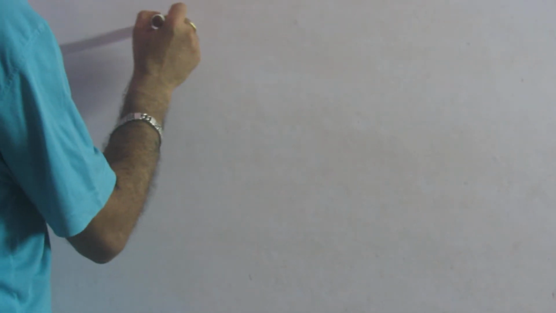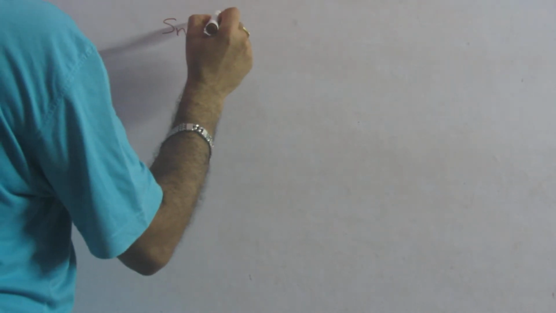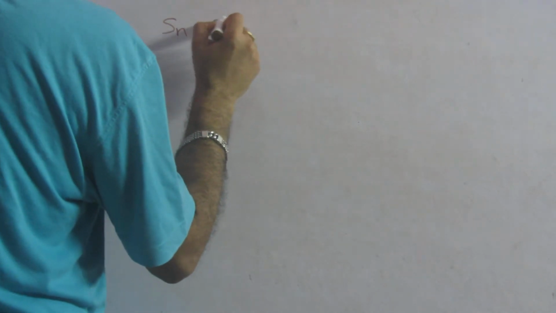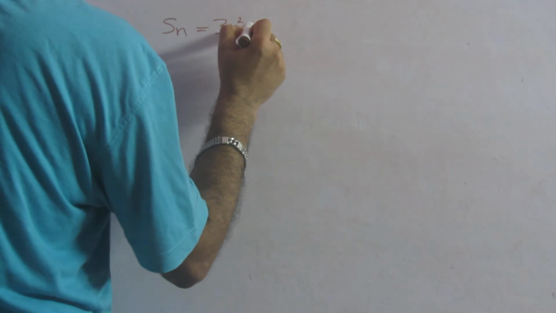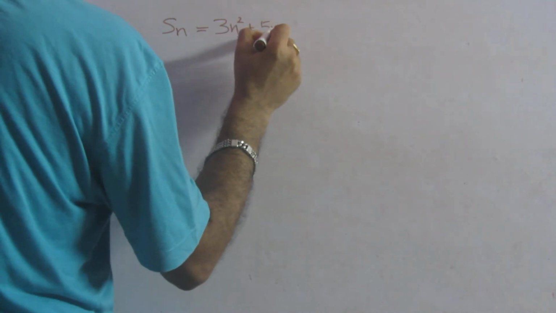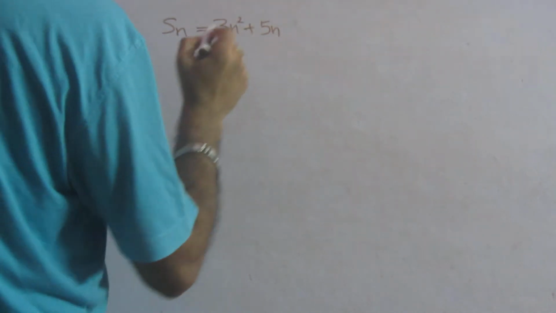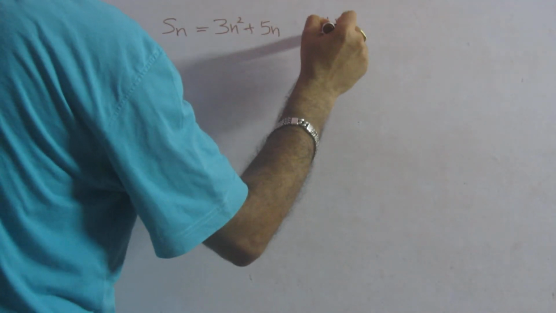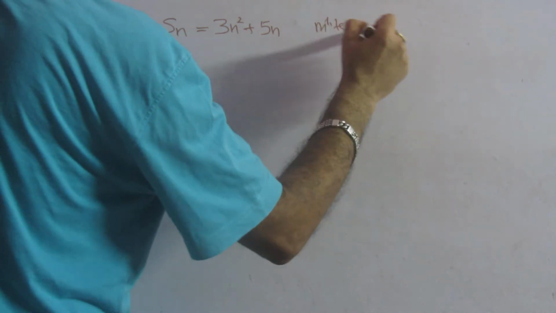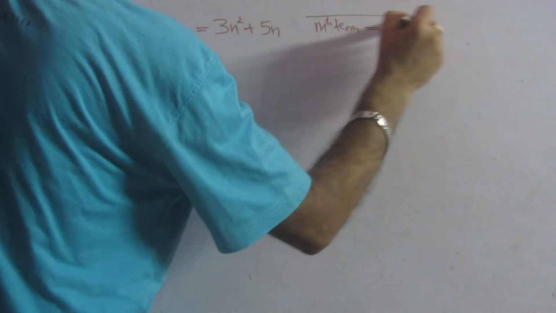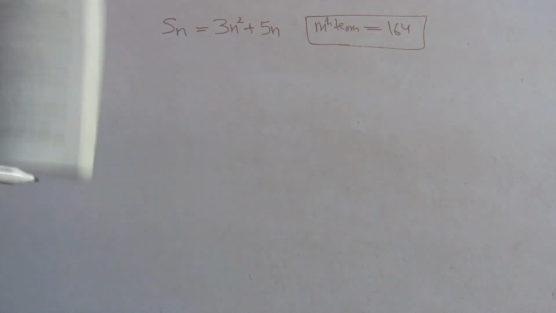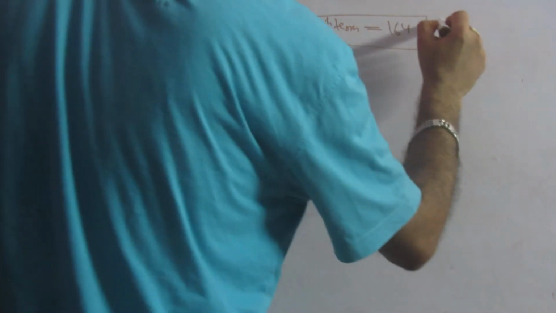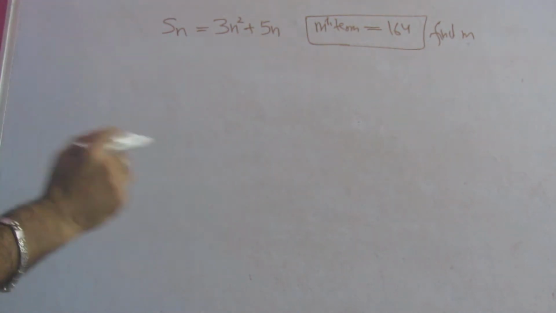So the question is Sn equals 3n square plus 5n, and we have to find the mth term. Find m if the mth term is 164. That's the question. Find m.